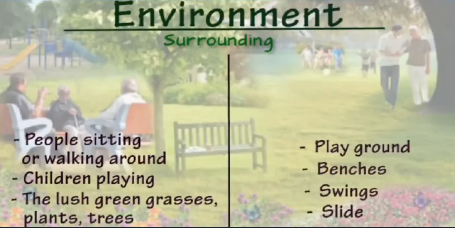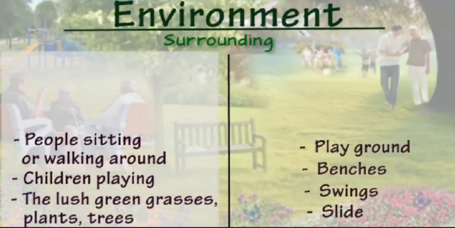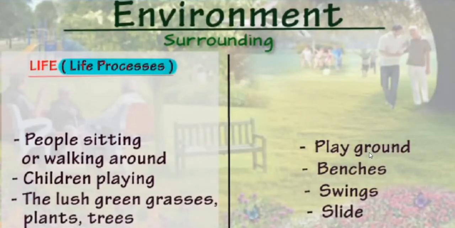Coming back to our previous example of the park. In the park, we were surrounded by certain things. If we want to list down these things, we can list them down in two categories. What are they? Can you identify? Yes, just like the previous chapter, life and living things, we can divide things based upon life process, whether they perform life process or they do not perform life process.